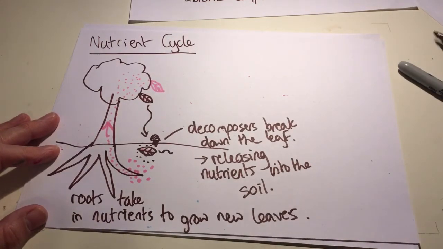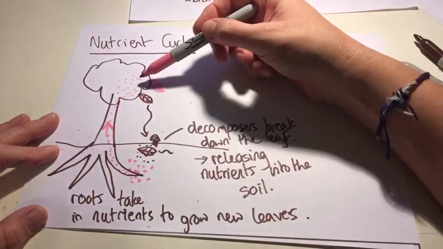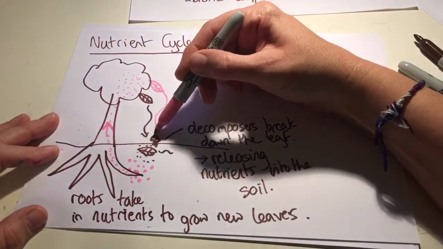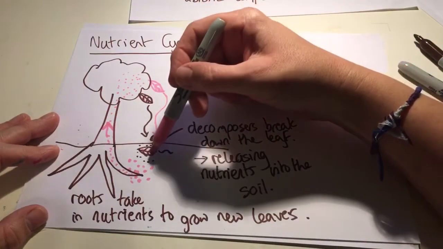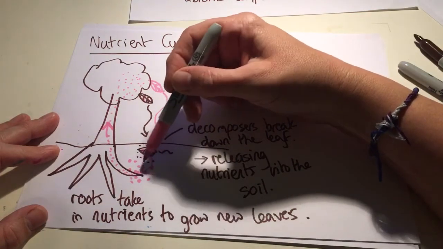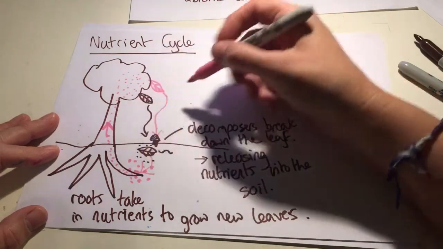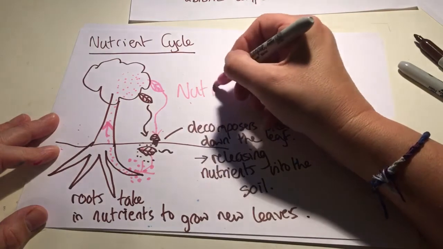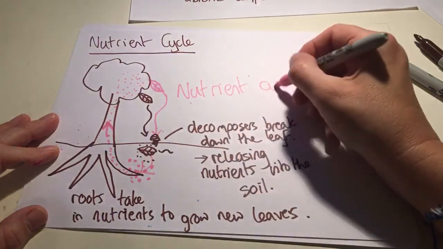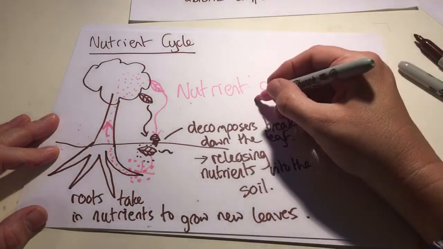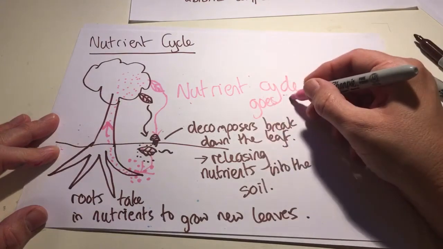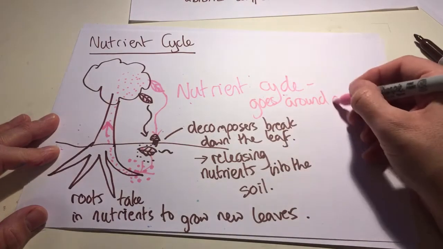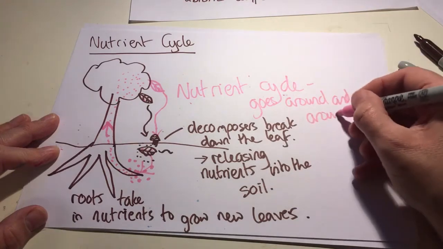Okay, so the nutrients go down and down and they go back up, new leaves form, these fall down, more decomposers break them down, back they go into the soil, back into the roots, and round and around. And this is called the nutrient cycle. And it goes around and around.